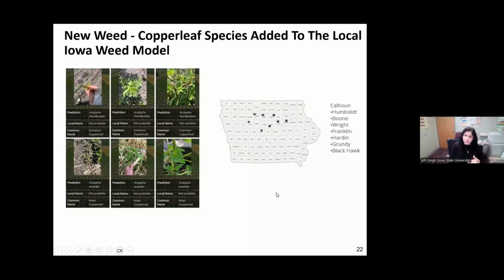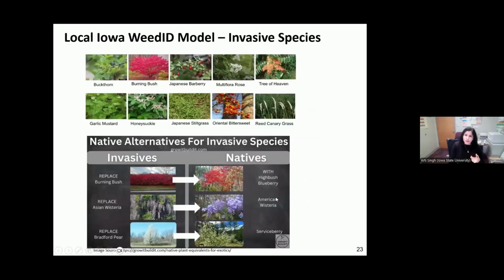Once these invasive species enter, it takes very little time for them to invade large regions or counties. So this is where the real use of these local apps will come.